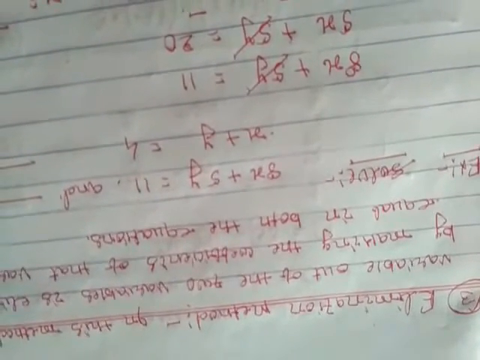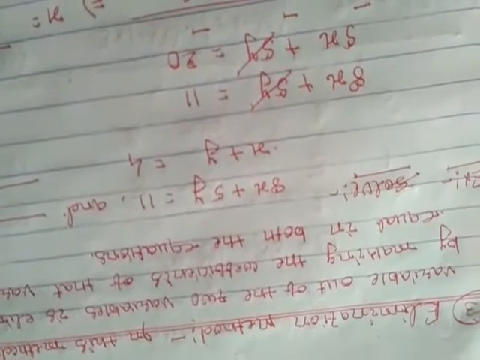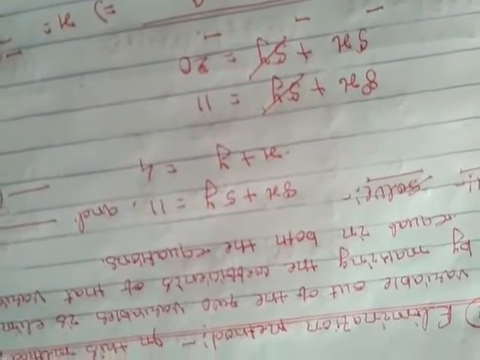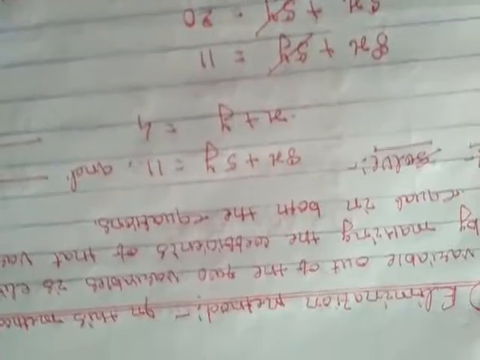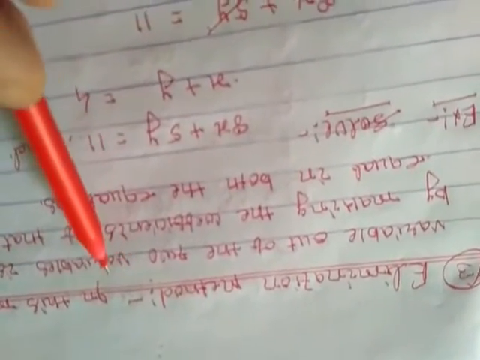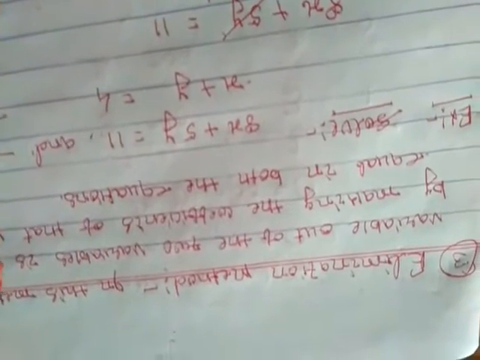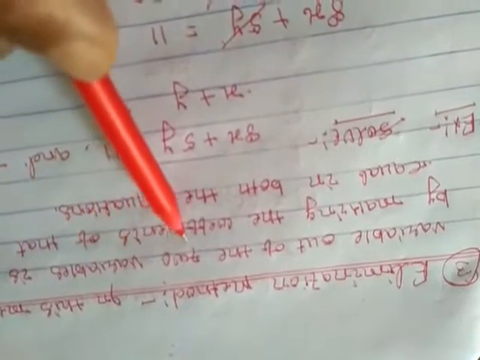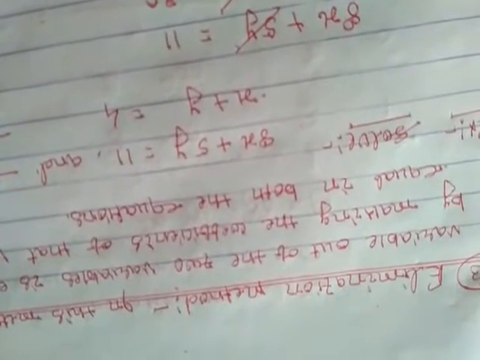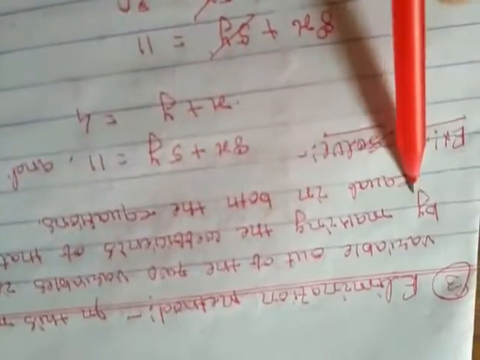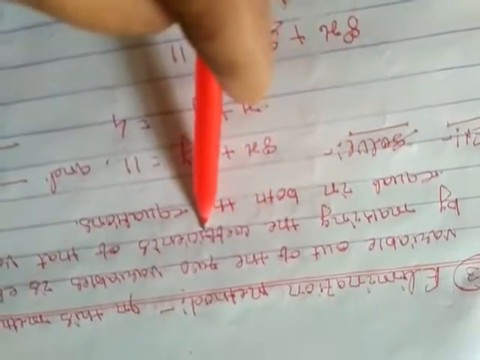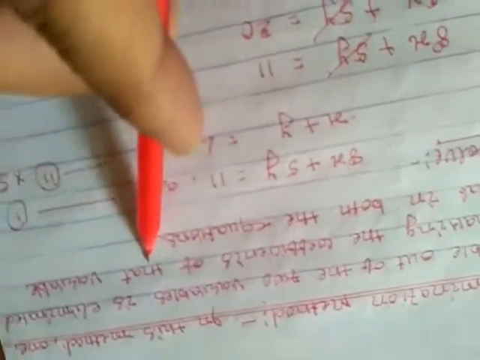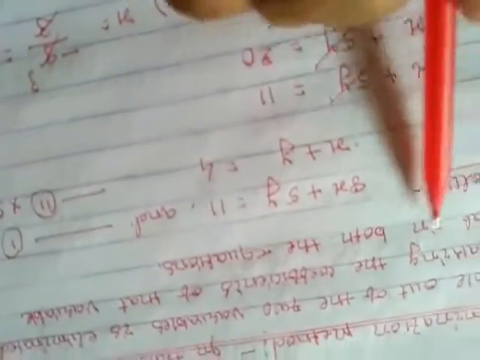So children, first we will understand the principle of the elimination method, how it works. In the elimination method, one variable out of the two variables is eliminated by making the coefficients of that variable equal in both the equations.